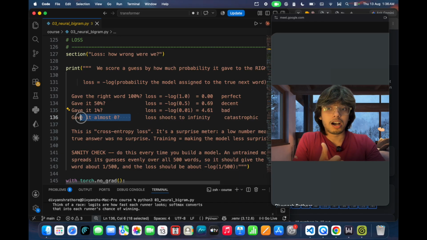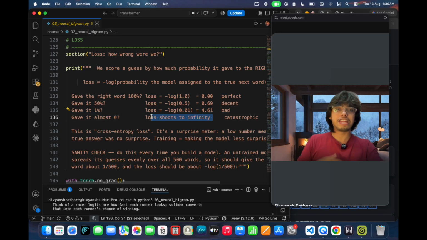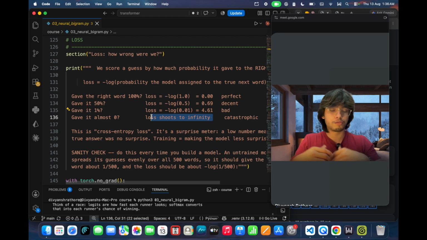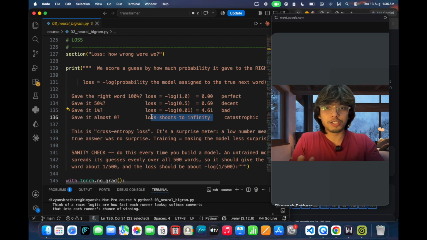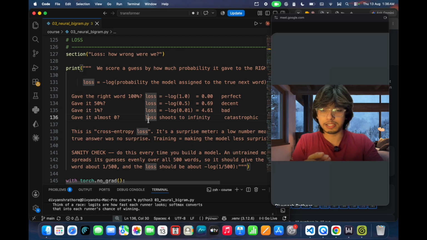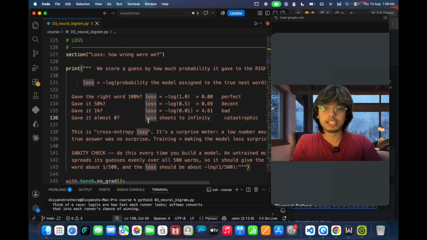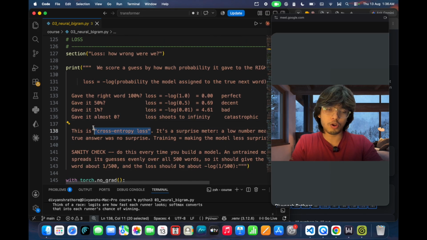And again, if the model assigns 0 probability, I mean, it's completely sure that word won't come next, we have to punish the model for that. So the loss shoots up to infinity and it is catastrophic. So we have to really change values here. Model, you're going in the wrong direction. And this loss is called the cross-entropy loss.